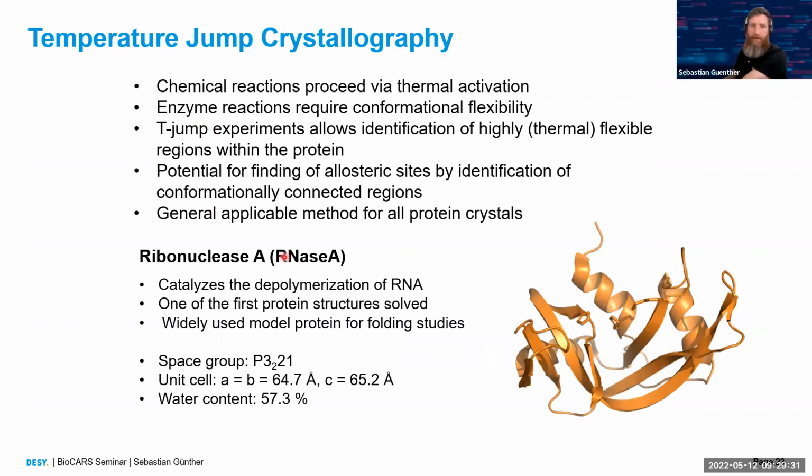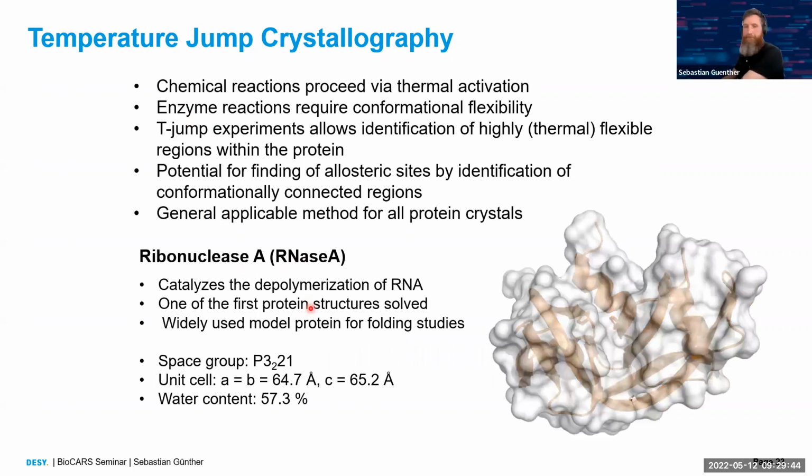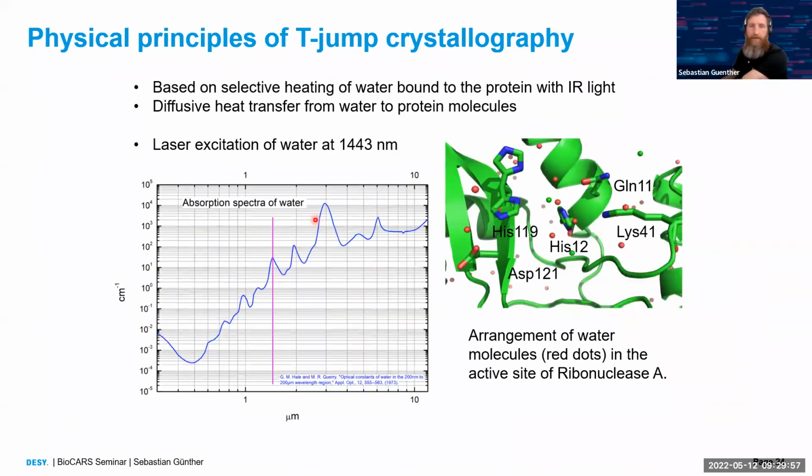Okay, one of the first proteins we used was a very standard protein, ribonuclease A, which is actually one of the first proteins that was ever crystallized. It depolymerizes ribonucleic acids. Here, there's the deep cleft where it would bind the ribonucleic acid and then hydrolyze it. For this, we use infrared laser light at 443 nanometers, which excites an OH stretch of water, and the energy taken up by the water is then transferred to the protein, and we follow it by crystallography.